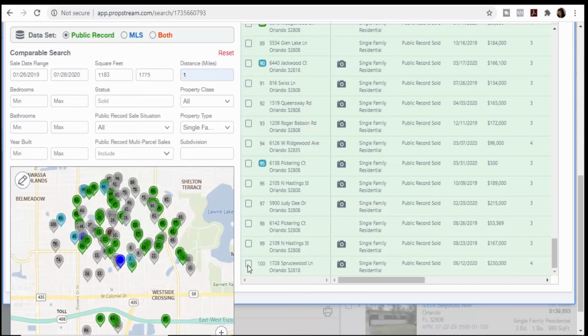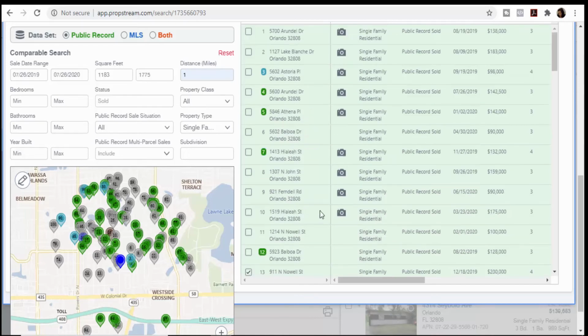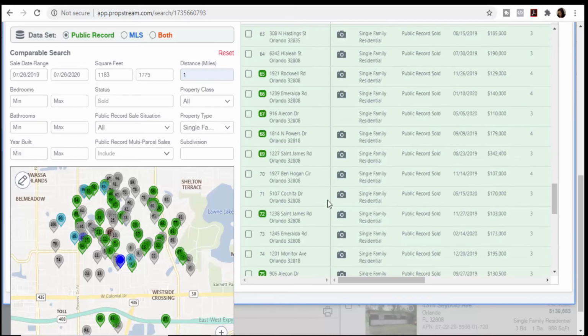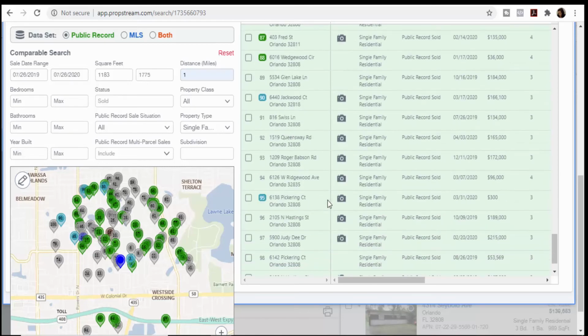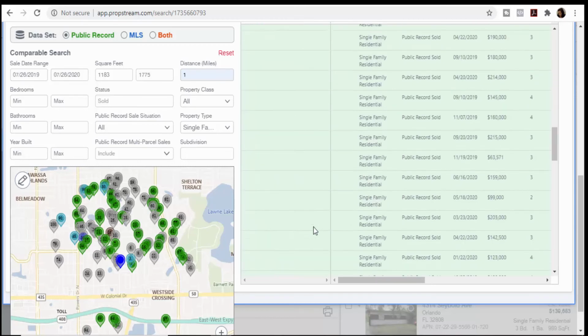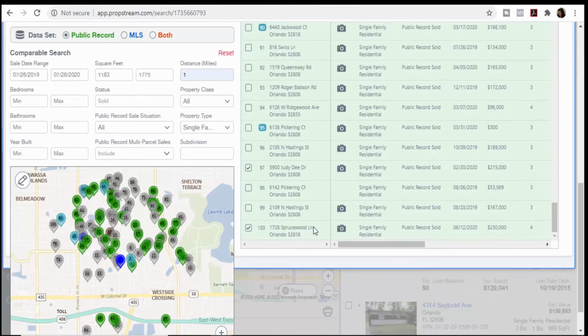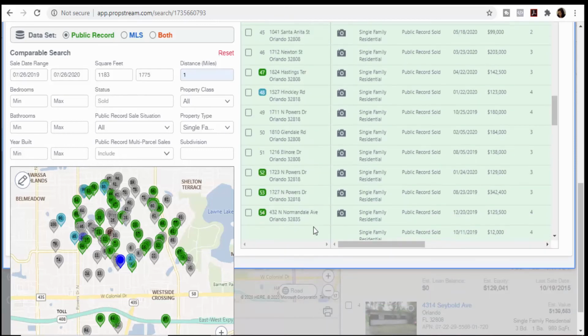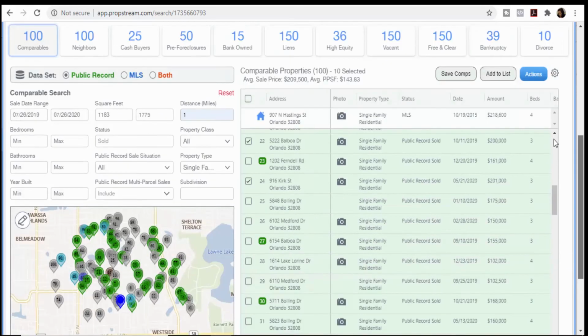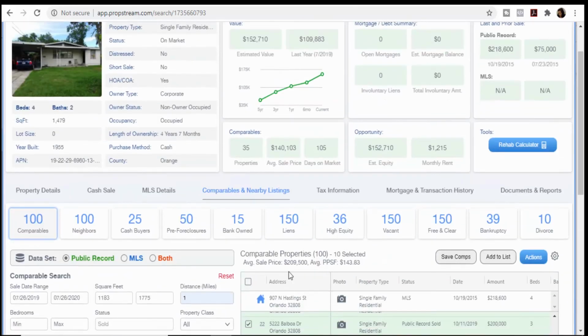So 230. Another 215. Okay, so without digging super deep into these properties, you can see you're worth about 210.